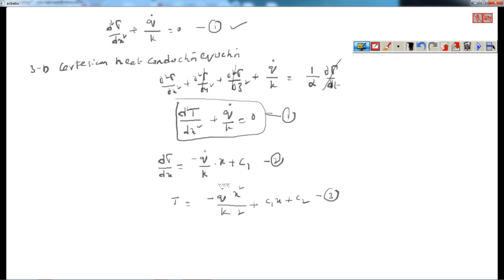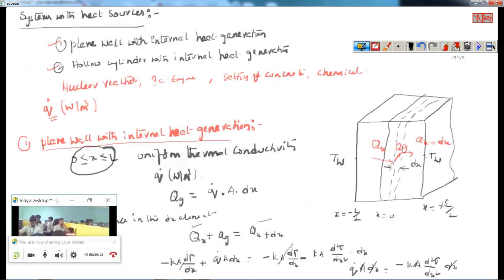Now once you know these equations, I will try to find out the boundary conditions. If you see the diagram, T is equal to Tw at x is equal to minus L by 2, and T is equal to Tw at x is equal to L by 2.